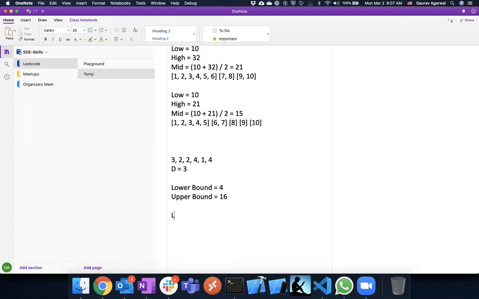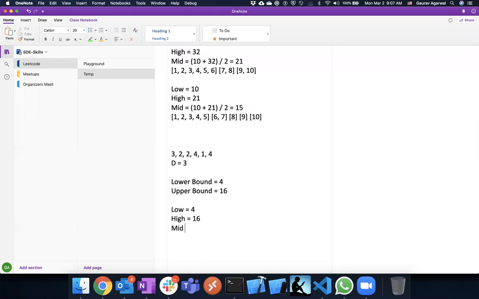Now we repeat the problem. Low equals 4, high is 16. What is the mid that we get? 4 plus 16, 10.